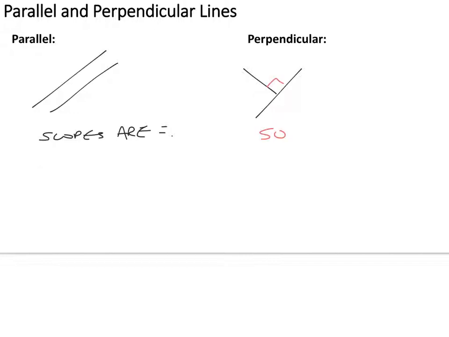Parallel and perpendicular lines. Parallel lines run like railroad tracks, and so slopes are equal. So if you're given a slope, to find a parallel line, you just take that same slope. Perpendicular lines are going to intersect at a 90-degree angle, and so the slopes are going to be opposite reciprocals of one another.